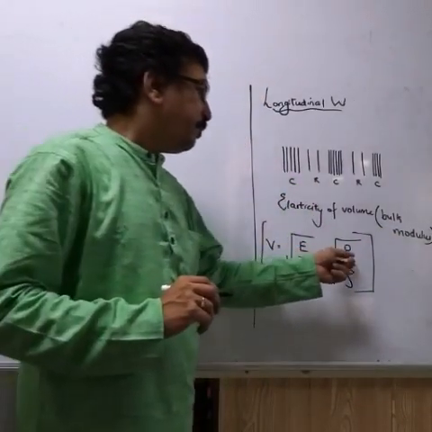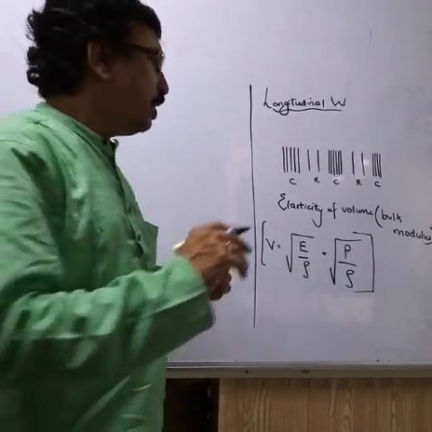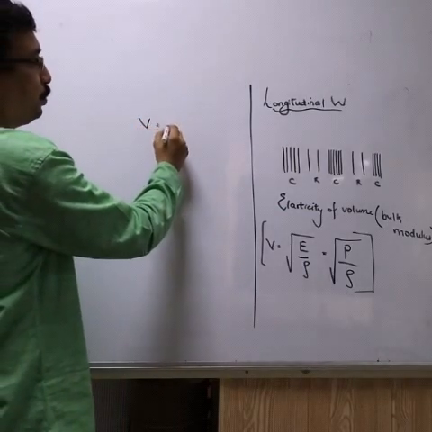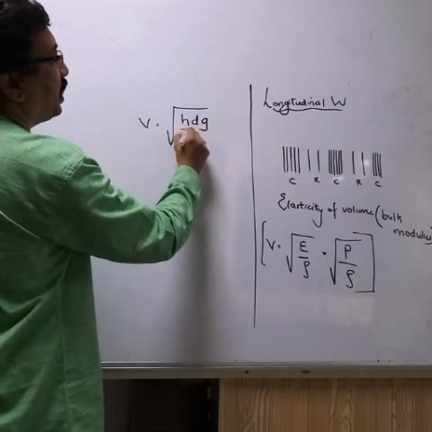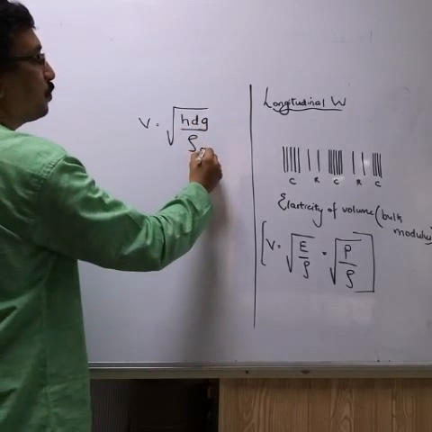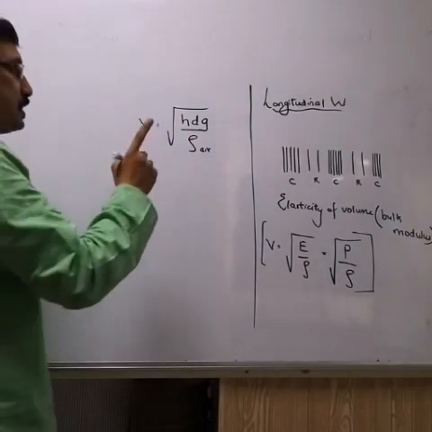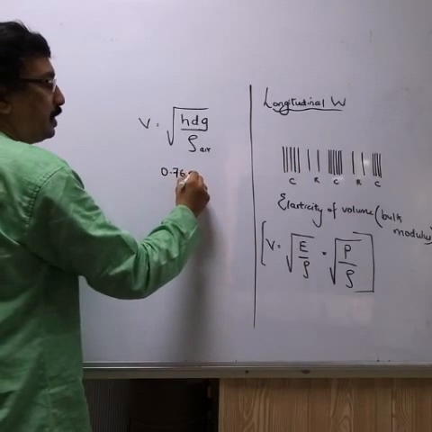Where P was the atmospheric pressure of air. The same formula we write as V equal to square root of H d g upon rho. H is the height of mercury column, which is approximately 0.76 meter.